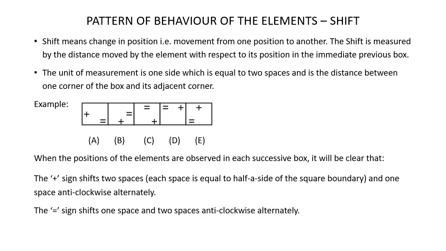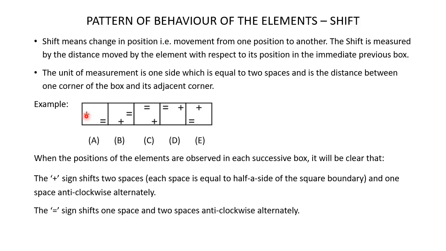Now, in this example, when the positions of the elements are observed in each successive box, it will be clear that the plus sign shifts two spaces in the anti-clockwise direction and then shifts one space in the anti-clockwise direction in the successive boxes.